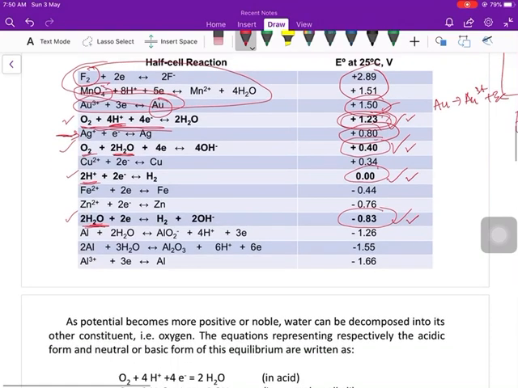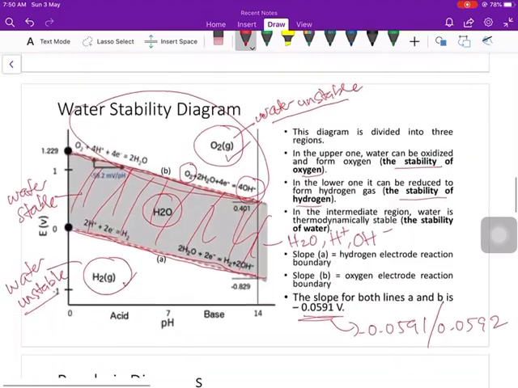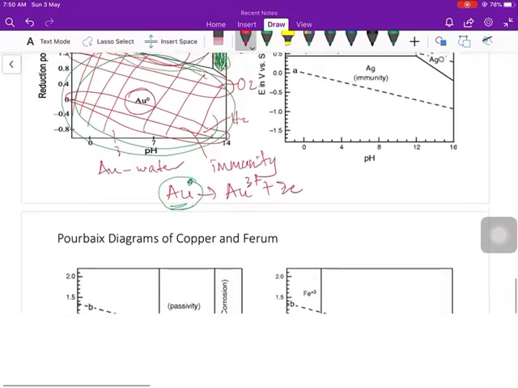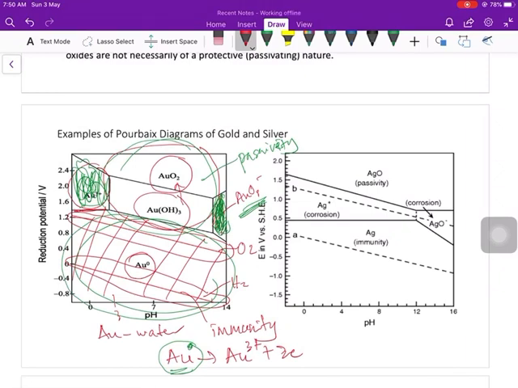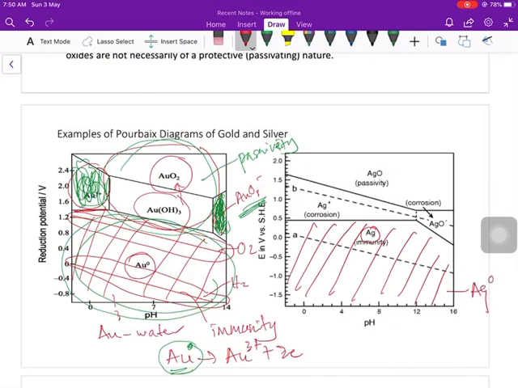And next, silver. Silver is 0.80 here. It's lower than 1.23, but higher than the other water half-cell reaction. So look at its Pourbaix diagram. It can corrode. This is the immunity region of silver.